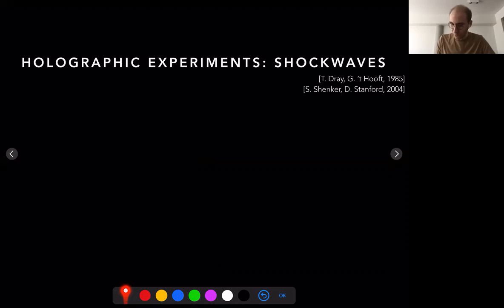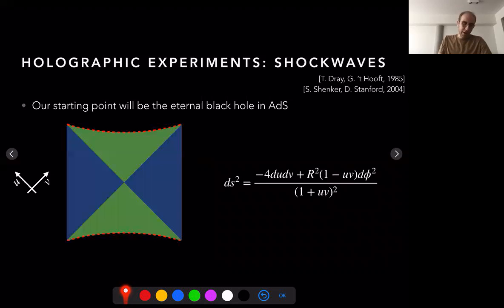So Dray and 't Hooft were the first to study this, and the thing was revived by Shenker and Stanford, well, now quite a few years ago. But so the idea is to start with the eternal black hole in AdS. Now I move to these UV coordinates. Here's the metric. This is the eternal black hole. This is the Penrose diagram.